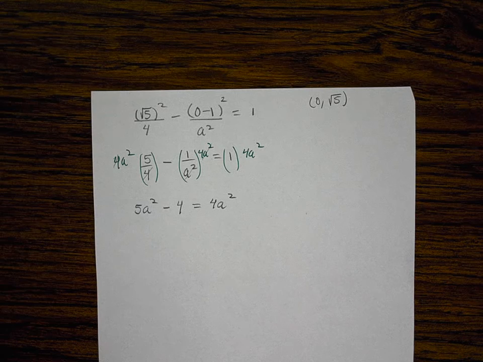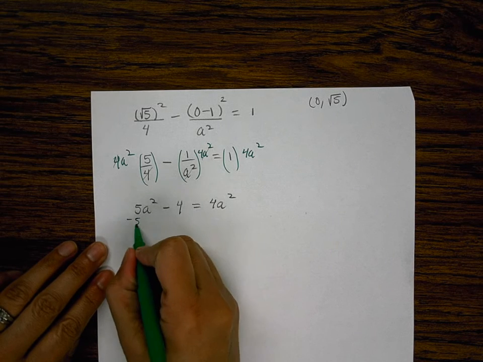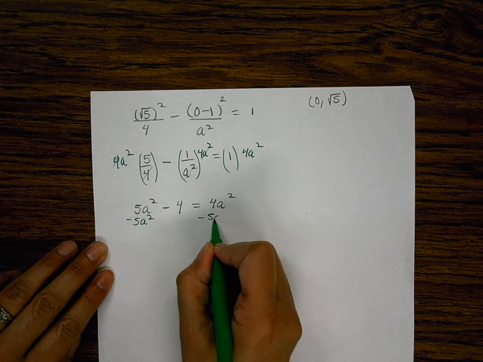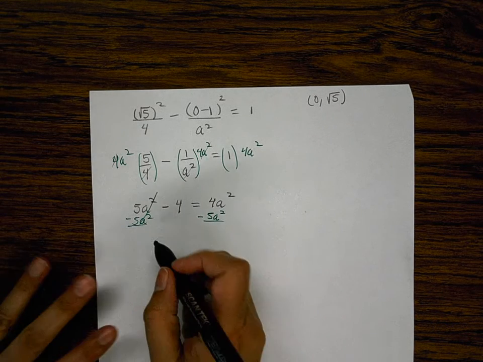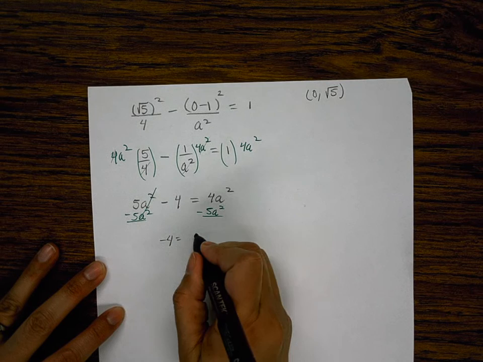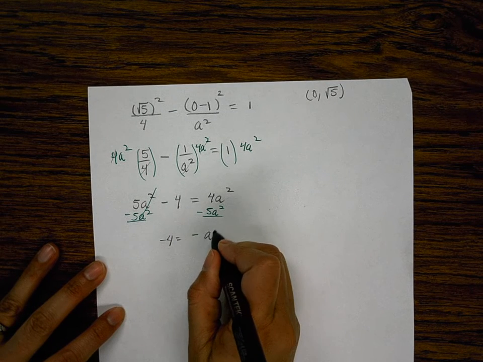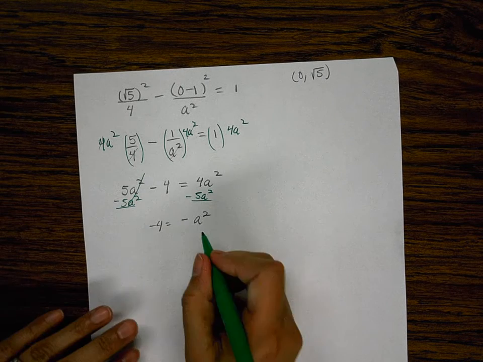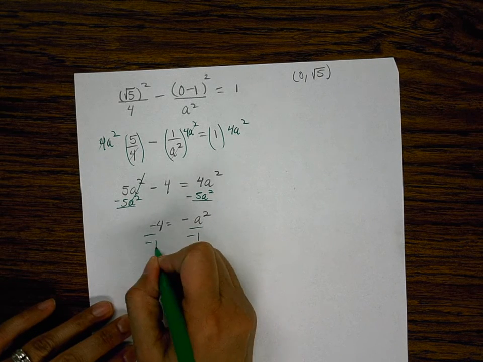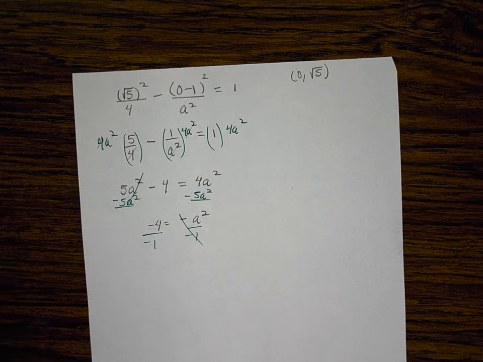And I am going to subtract 5b squared. -4 equals -b squared. And then I am going to divide both sides by the -1. B squared equals 4.